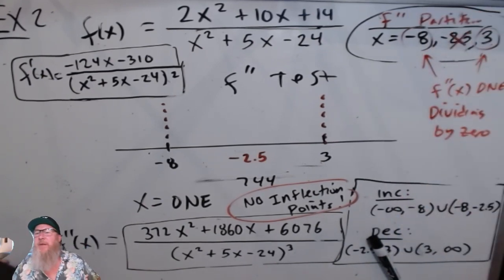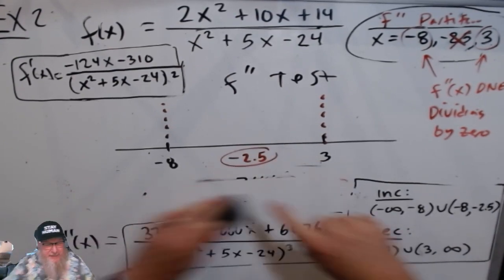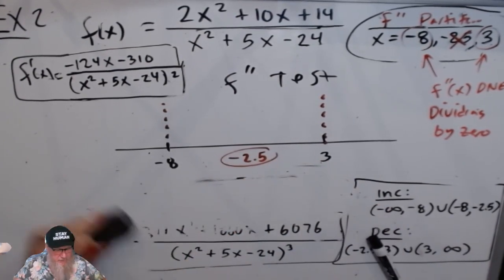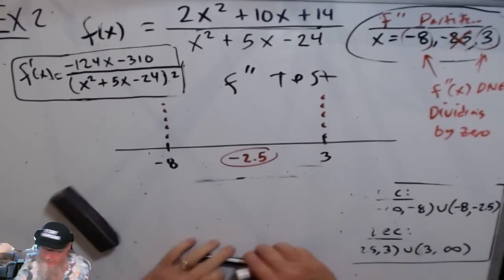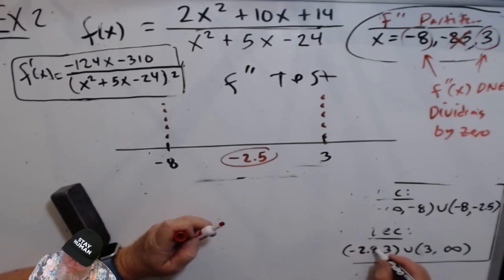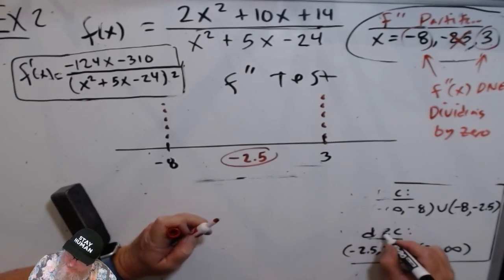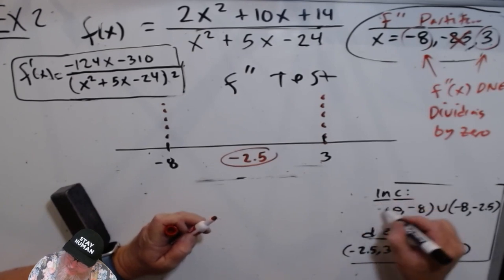So -2.5 is no longer part of it. However, I can use it for a test number because it is between these two numbers. Oh, I don't want to erase that. I need that. What was that? Decreasing? Yeah, that was decreasing and this was increasing.